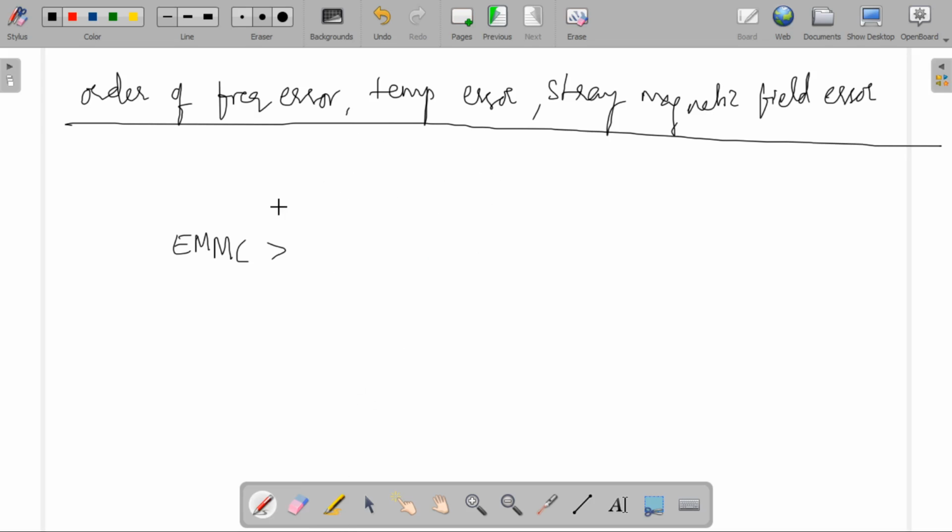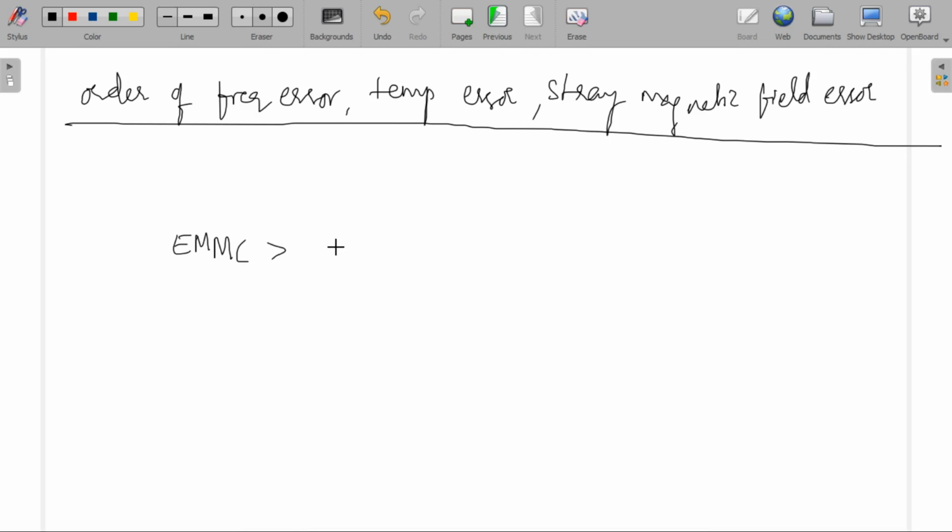So now the order will be like this: EMMC, MI, PMMC. Okay, this will be having more frequency error, more temperature error, more stray magnetic field error when compared to other instruments. Then after that, MI having more frequency error, more temperature error, more stray magnetic field error when compared to PMMC.